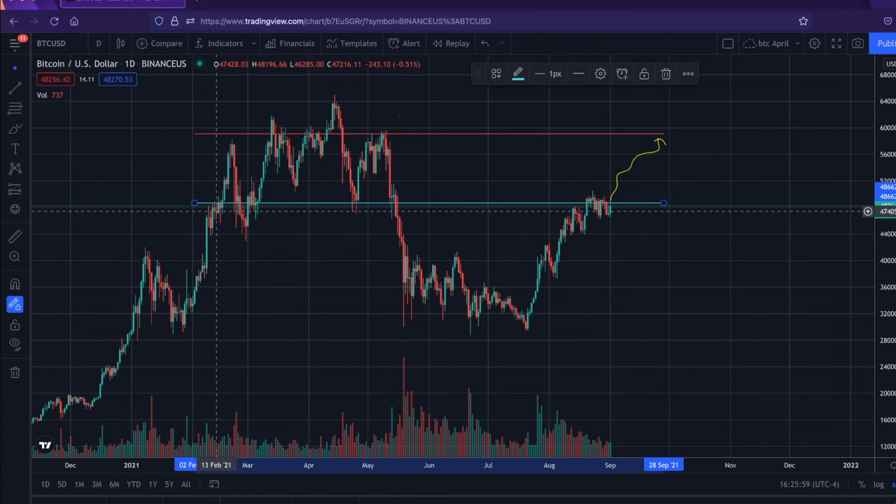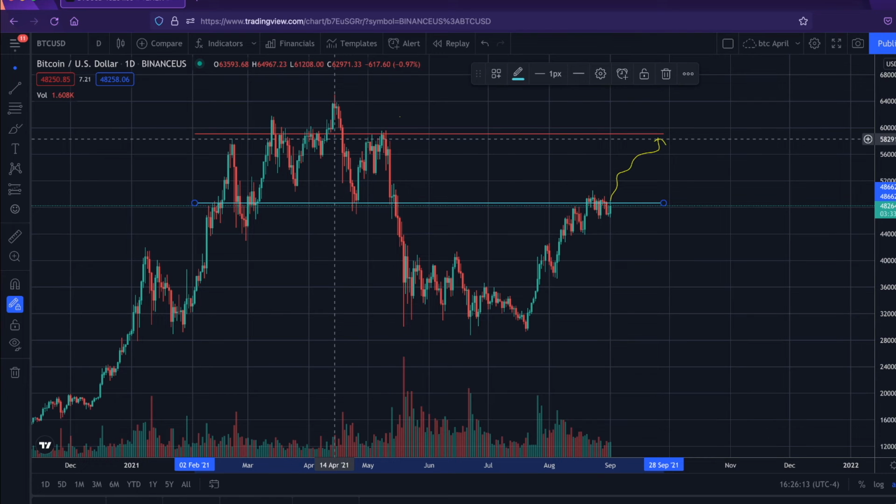We had some support here. We broke below it just a little bit, but the market held support, tested resistance, went back down to the support area, bounced off of it, tested resistance, came back down to the support, bounced off of it.